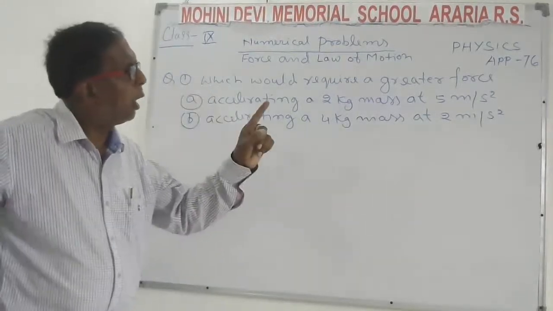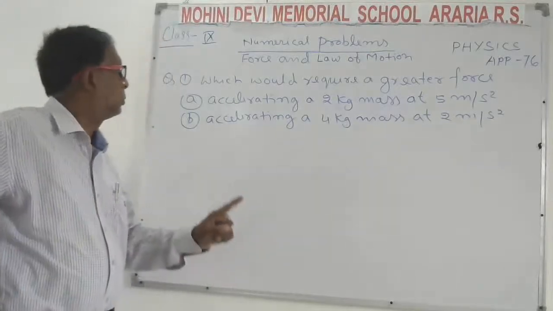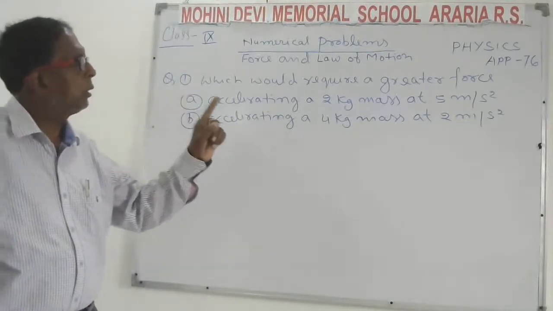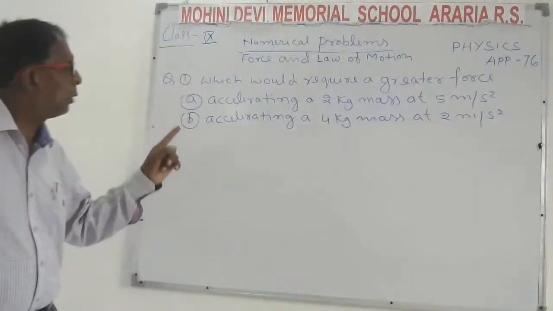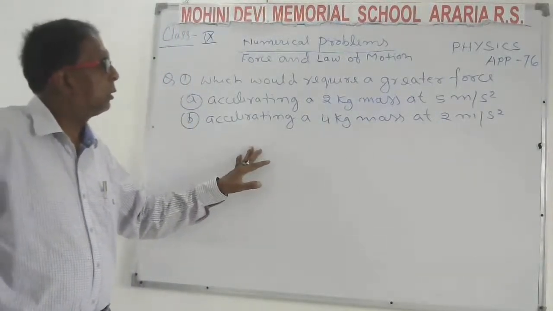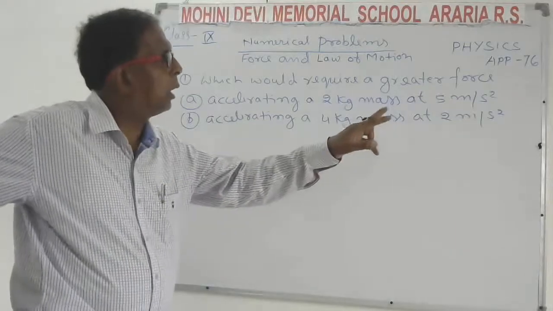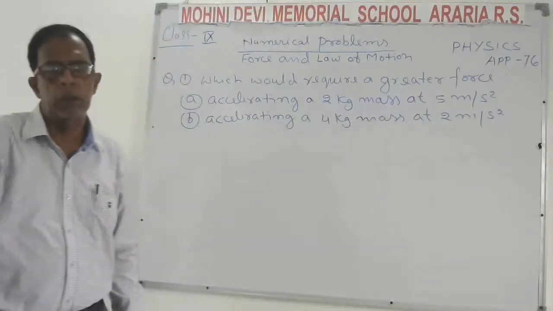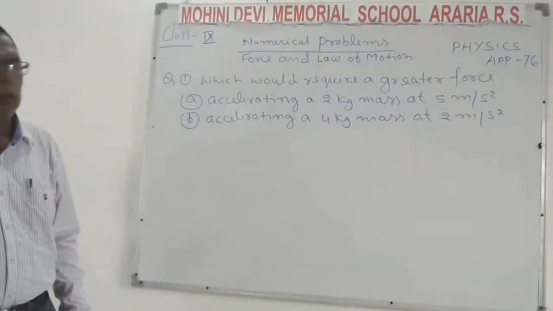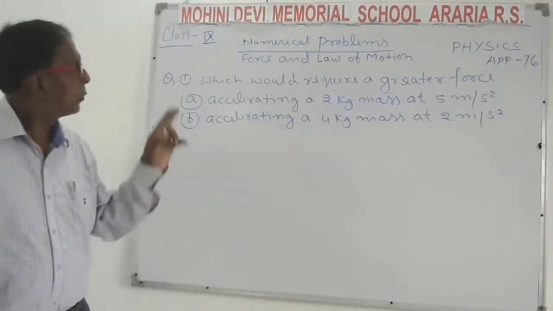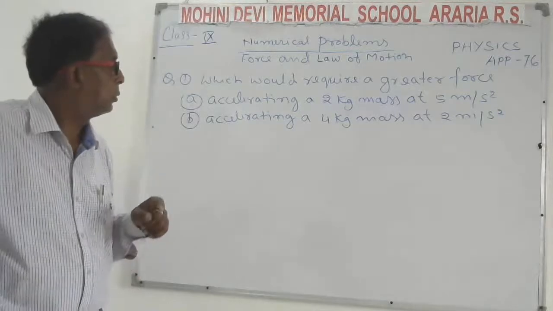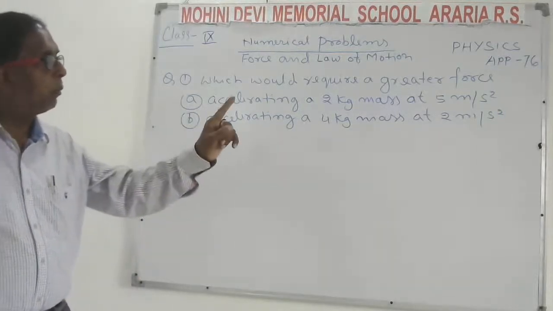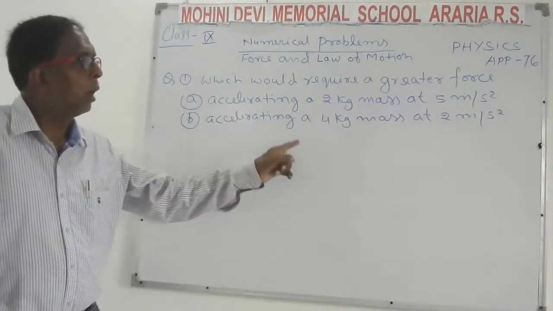Which would require a greater force: accelerating a 2 kg mass at 5 meters per second square, or accelerating a 4 kg mass at 2 meters per second square? The question is, which would require a greater force, the 2 kg mass or the 4 kg mass?